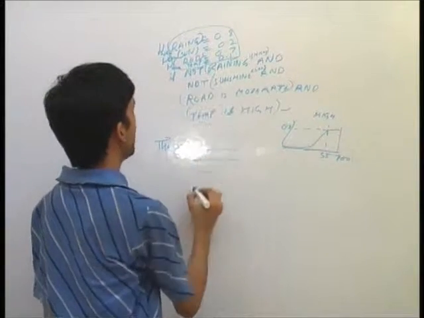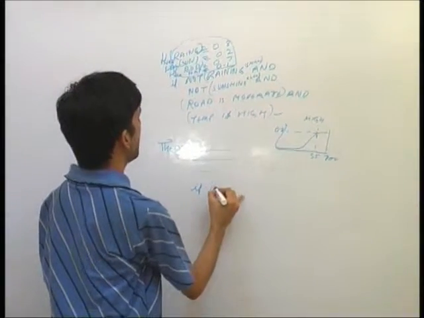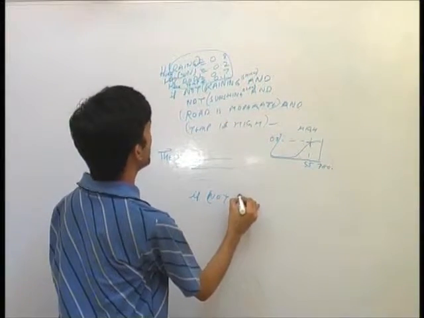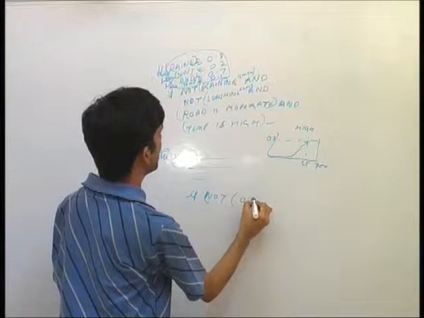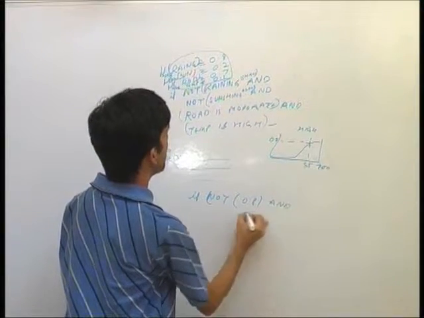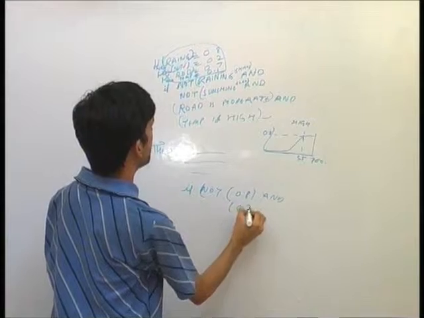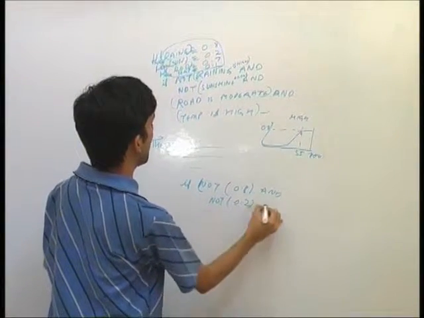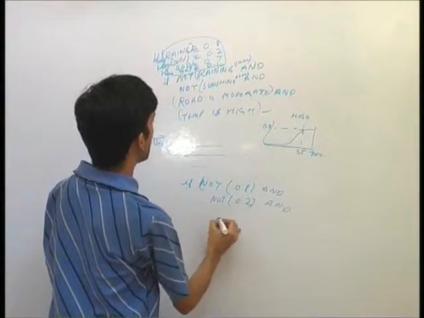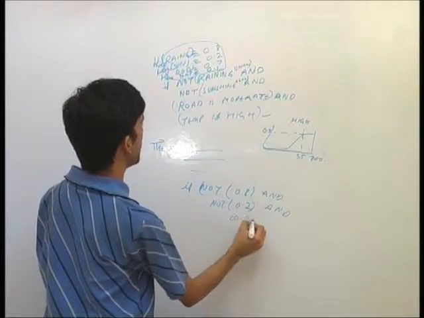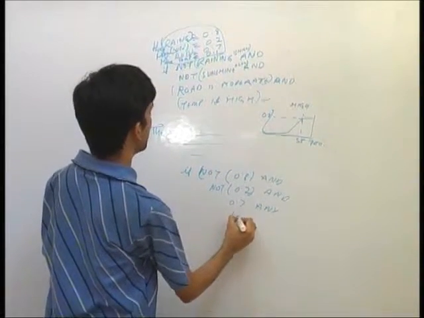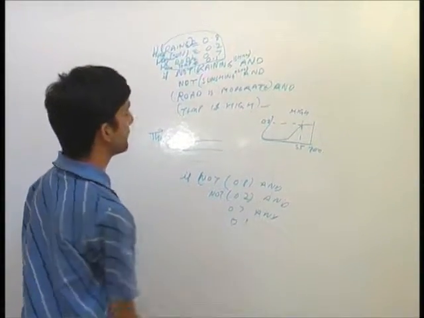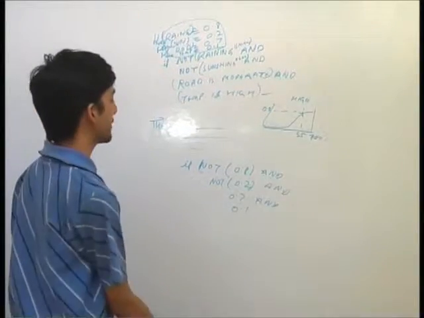I say if not raining is high, which is nothing but 0.8, and sunshine is low, which is nothing but 0.2, and there's a not over here, and road is moderate, which is nothing but 0.7, and temperature is high, which is nothing but 0.1. I solve this further.